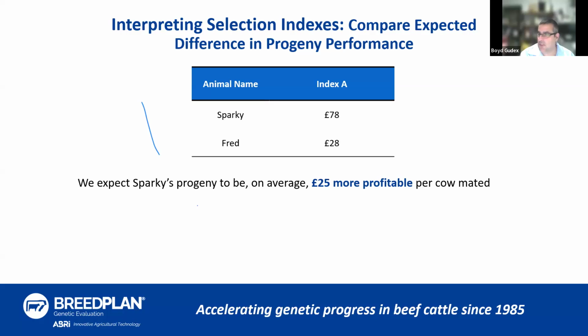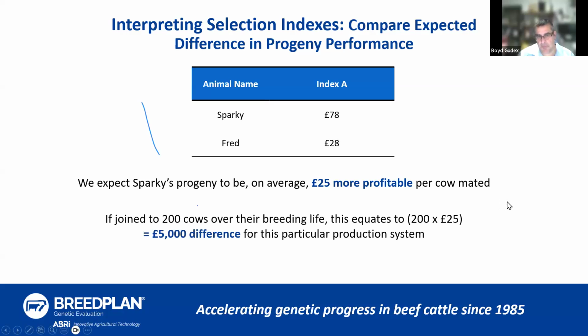So that's certainly in there as well. So yeah, that's important. So if we got $25 more profitable per cow mated, and we were to mate a bull to 200 cows over his lifetime, so multiple years, that's a £5,000 difference for that particular production system.